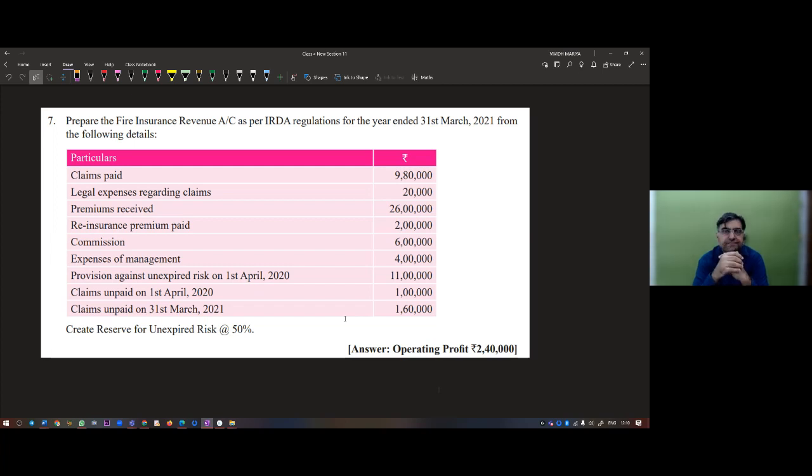Please solve it. You will get 2 more minutes and then I will be solving the same.